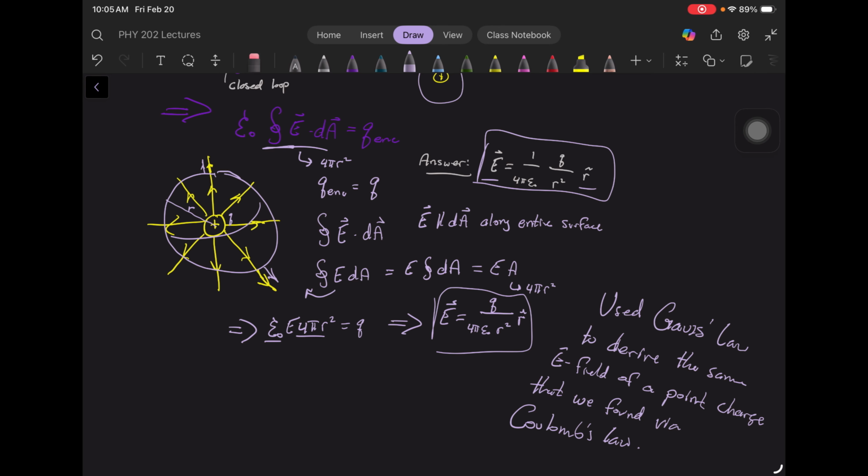All right, which is pretty cool. It's always great when the physics is consistent, right? The things we did one way now work out the way something else did.